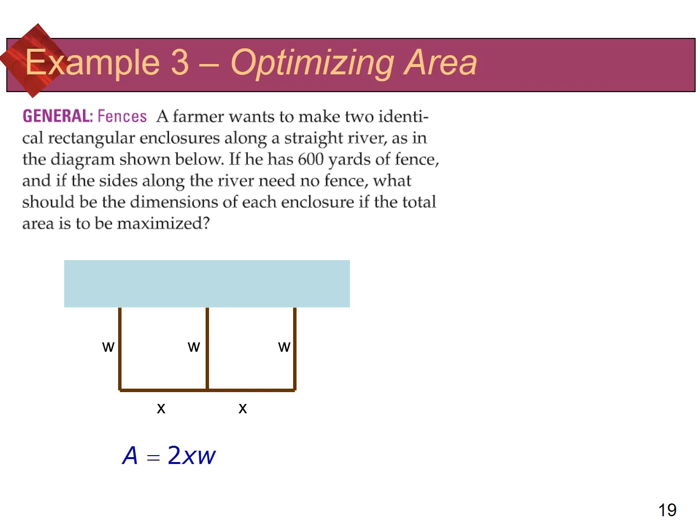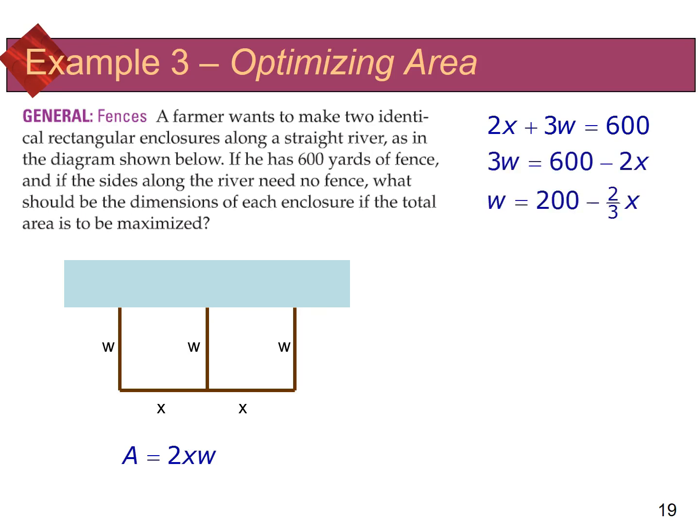And that second equation is going to come from the fence being used. Because I can see from the figure, I have 2 X's and 3 W's making up the fence, and that should total 600 yards. So I'm going to solve this for W. W is going to equal 200 minus 2/3 X. Now that I know what W equals, I can rewrite the area function in terms of X only.